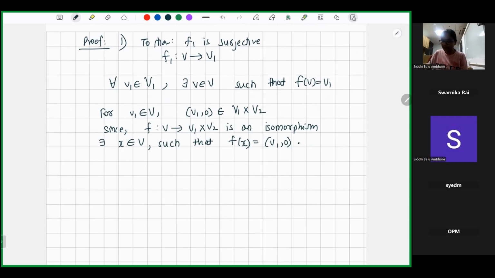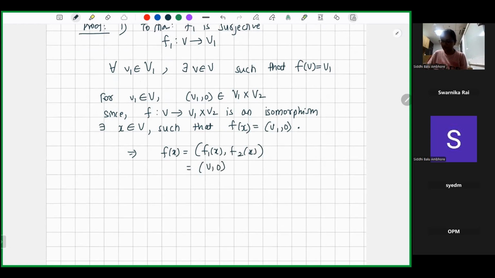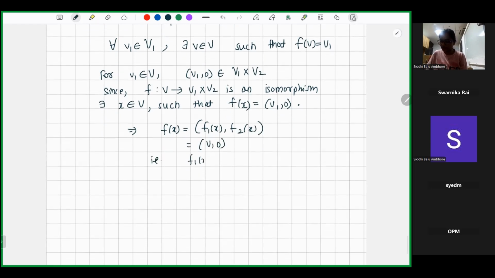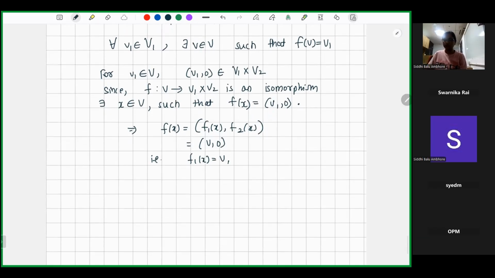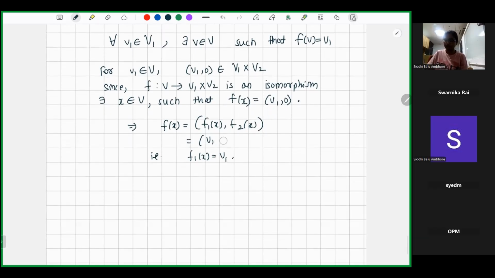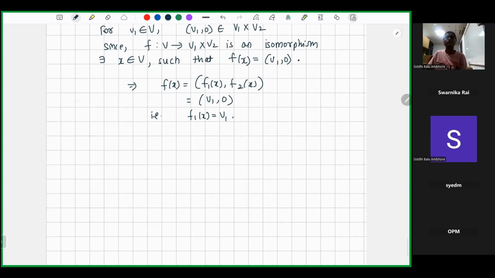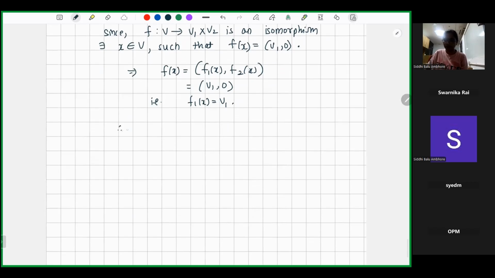If that is the case, this implies that F of x is equal to (F1 of x, F2 of x). We don't care what F2 of x is here. It is (v1, 0), that is, F1 of x is v1. So we choose this v to be x, and we get that F1 of this v is v1.